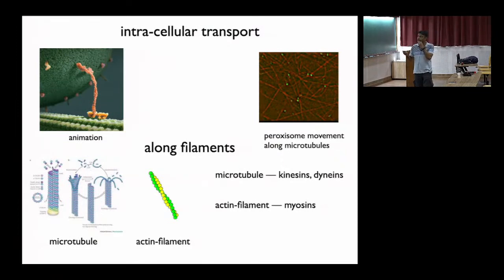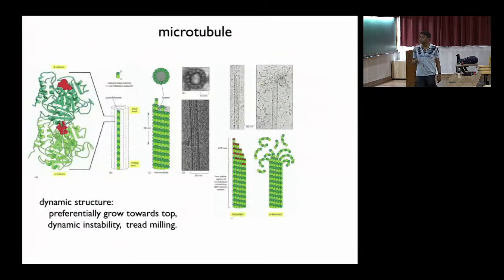If we look at these filaments, these are two types: microtubules, rigid long filaments, and dynamical structures, actin filaments. They also have their own kinds of dynamics, which you heard today in the morning in Nirgov's talk, actin growth, and we'll also be utilizing a part of that idea in the second part of my talk.